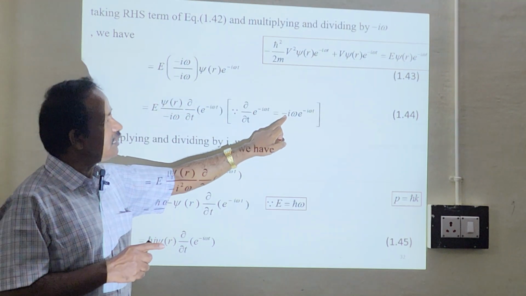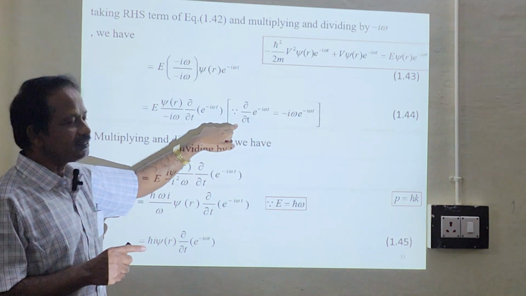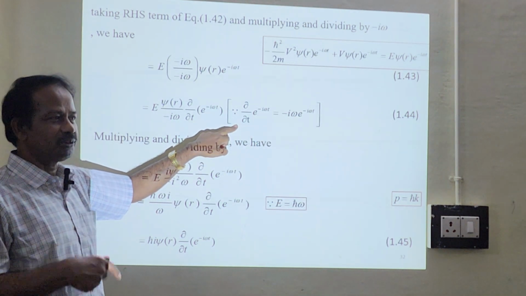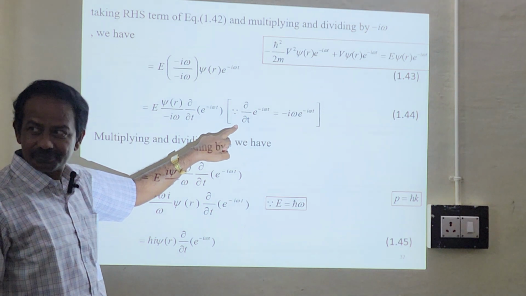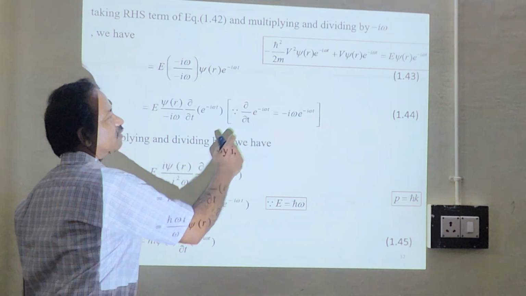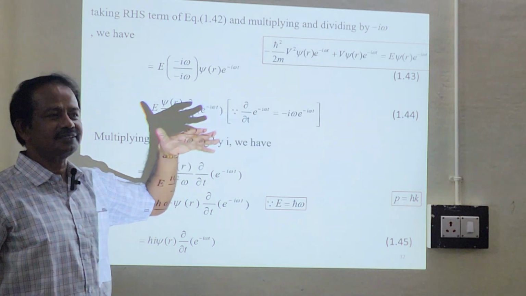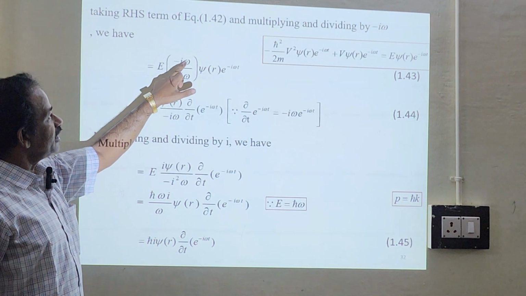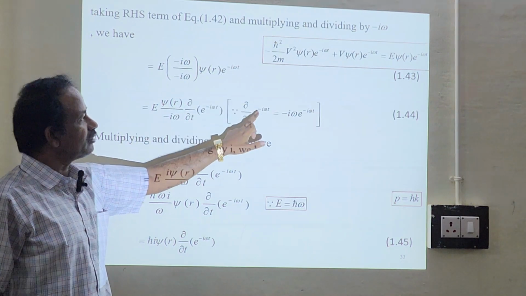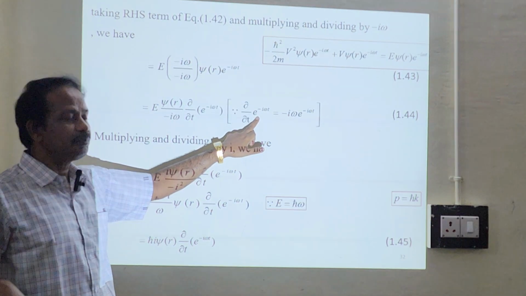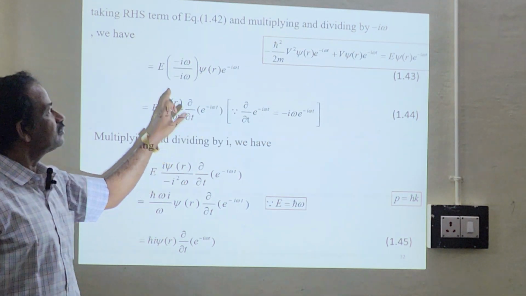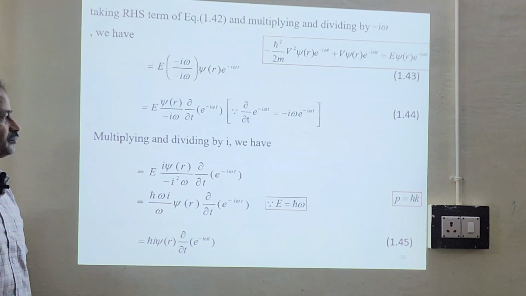Correct? I can write minus i omega e power minus i omega t as the differentiation of e power minus i omega t. Can I write like this? You just differentiate, it will be minus i omega e power minus i omega t. So both are the same. So instead of minus i omega e power minus i omega t, I can write partial d by dt of e power minus i omega t. So this equation can be written like this.